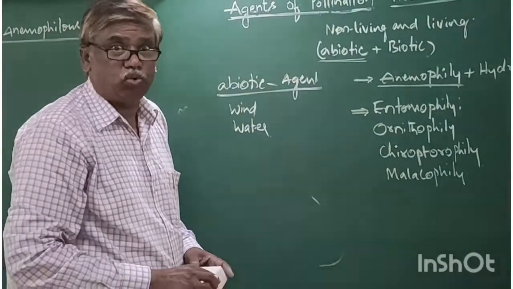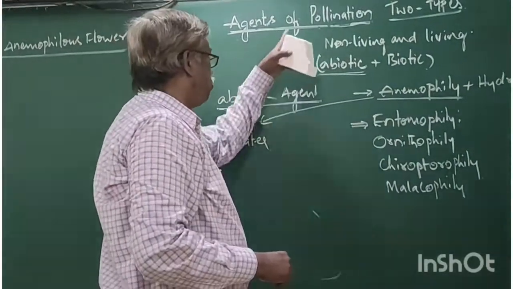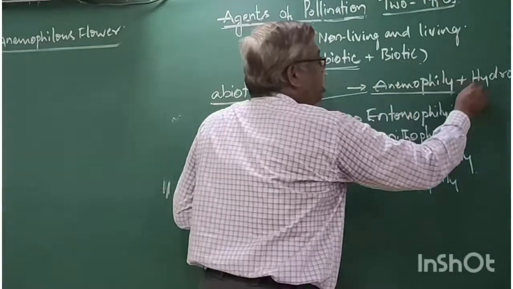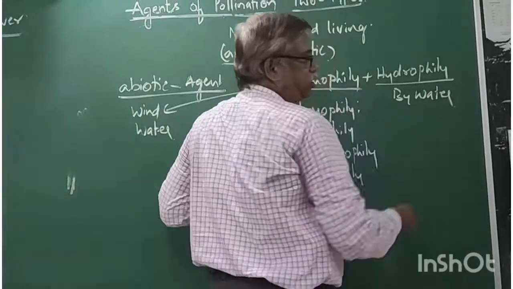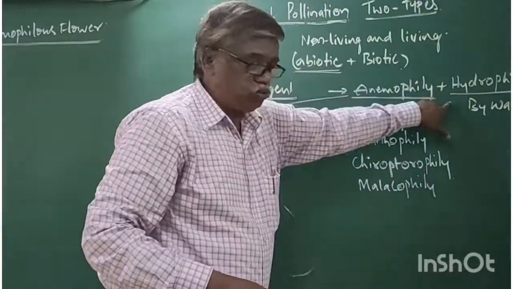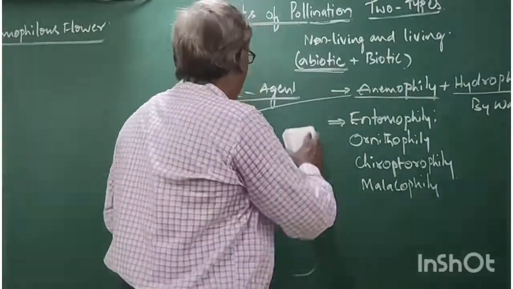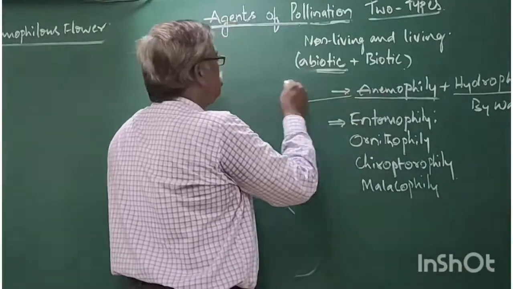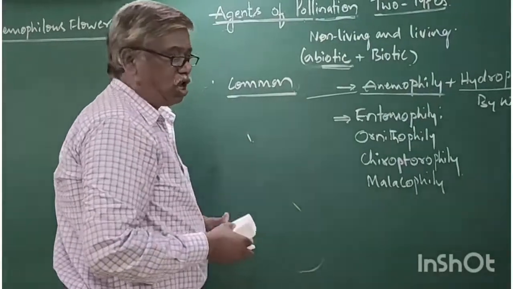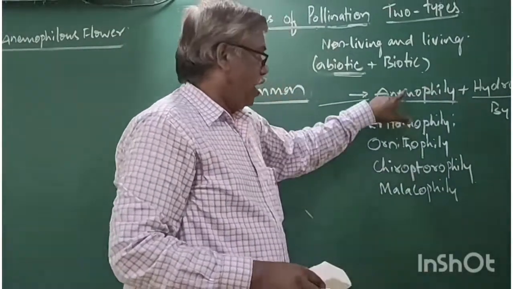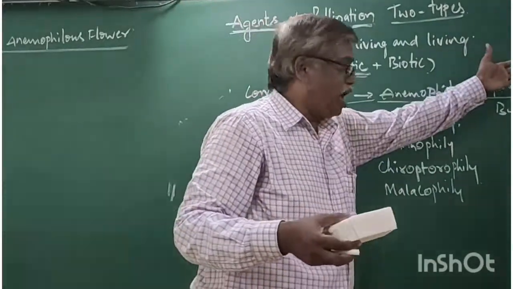If the pollination is through water, it is hydrophily, pollination by water. Among these two abiotic agents, anemophily is common. That means among these two, anemophily is more common than hydrophily.